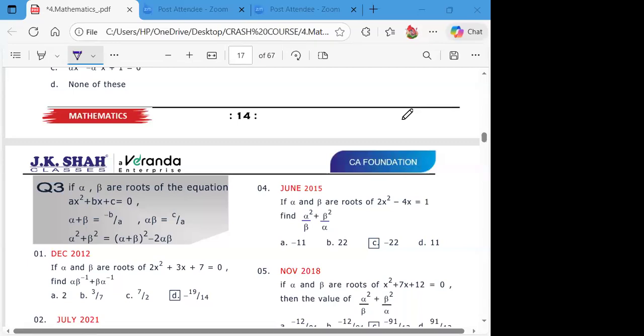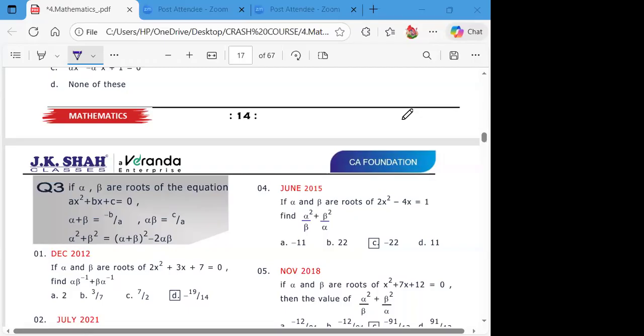I'm repeating once again. X square minus sum of roots into x plus product of roots is equals to 0. Clear? Only this portion we need.